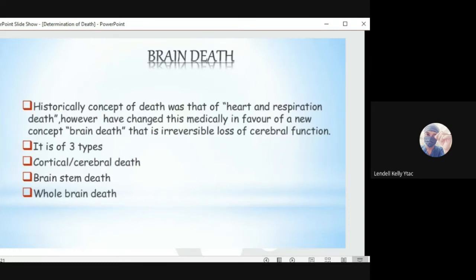When we say whole brain death, it is really all of it. Dead. In this case we could still sustain life, but after we remove the supportive devices, the patient is still dead. So those are the main three types of brain death.